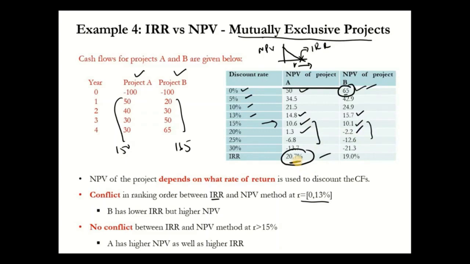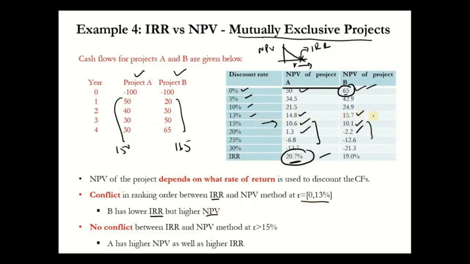So the purpose is, if we have mutually exclusive projects, then NPV and IRR are not giving you the same answer, so they will disagree. So when they will disagree, it means there is a conflict, right? So if you see the conflict in ranking, B has a lower IRR but higher NPV before 13%.